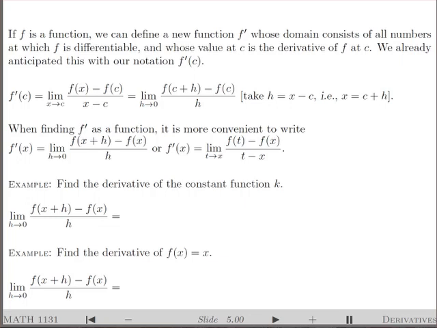The first step in that is to think of the derivative as a new function. In a sense, that's where the name comes from. We derive a new function from the given function by taking rates of change or slopes of tangent.